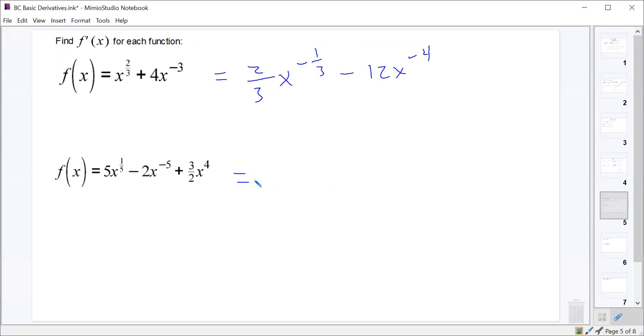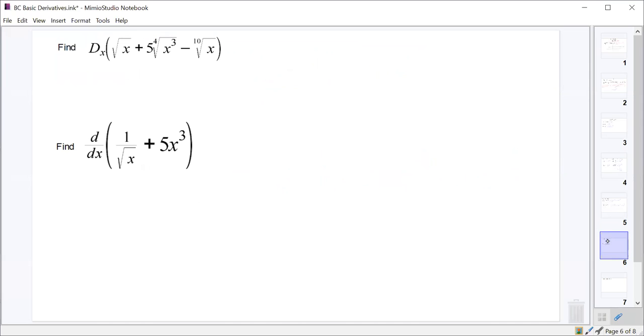X to the negative 4/5 plus 10x to the negative 6th plus 6x to the 3rd. Everybody agree with that? Basic power rule stuff, right?